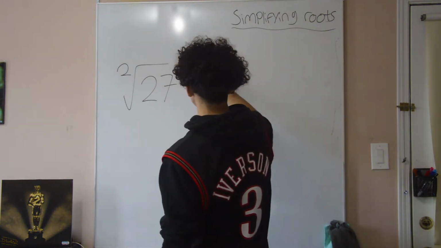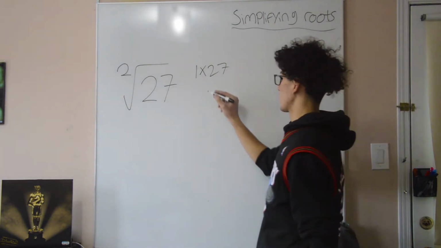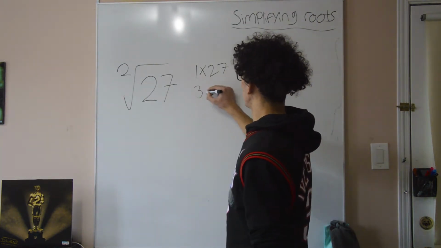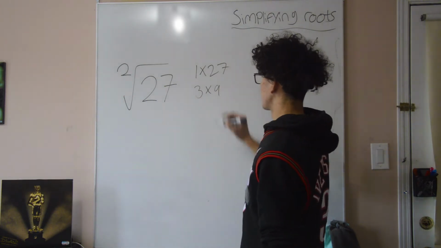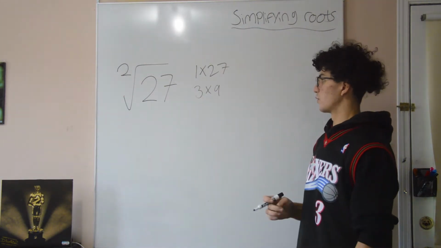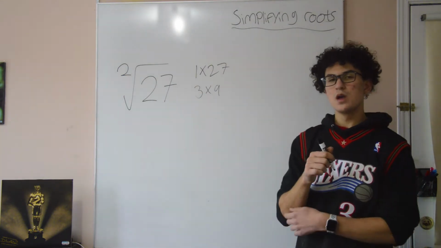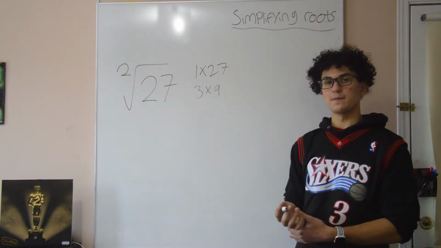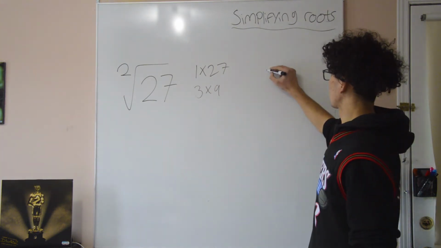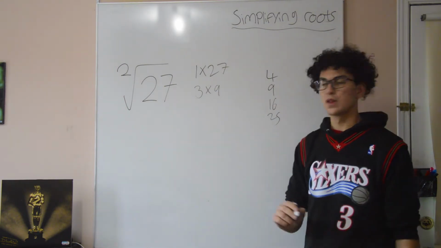One way to do this is first just write 27 as many ways as you can. So there's 1 times 27, there is 3 times 9, and that's pretty much it. We don't have anything else we can do. Now, of these two, which one includes a perfect square? Remember, our perfect squares are 4, 9, 16, 25.